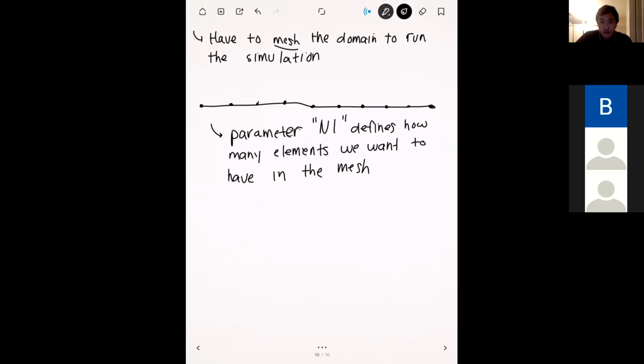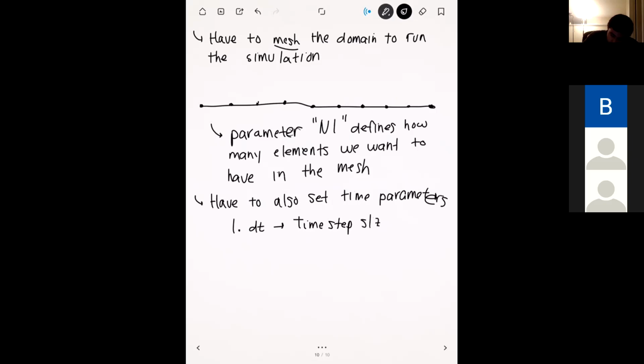Another thing that we have to set here, if you remember from CFD, is the time parameters. In particular, we have to set dt, which is the time step size.